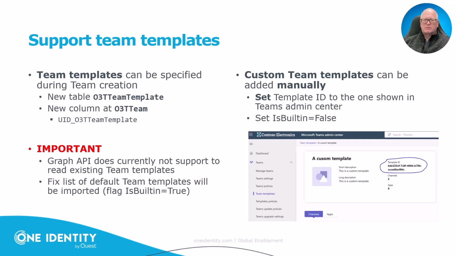This is not possible because the Graph API does not allow that. That is the reason why the Identity Manager ships only the standard templates which exist in Microsoft Teams. So you can configure the templates in Identity Manager. You can only see the standard templates there to configure. The reason is that we can't read them out.